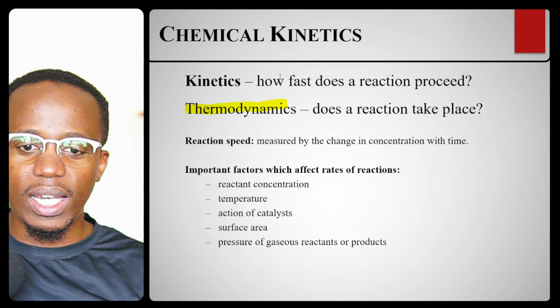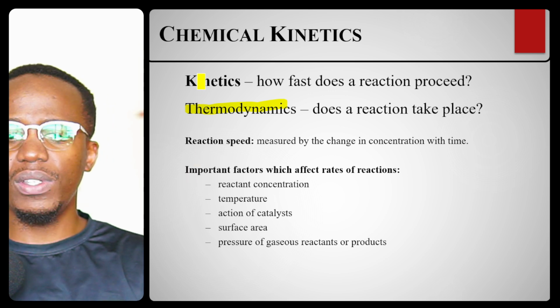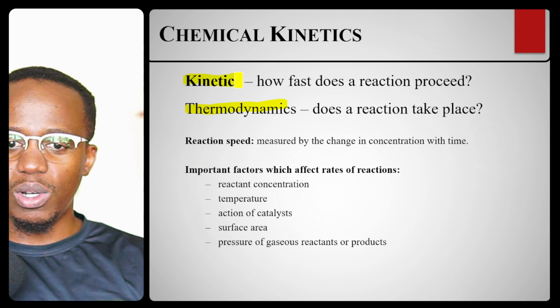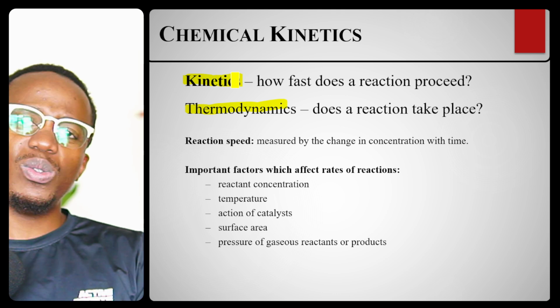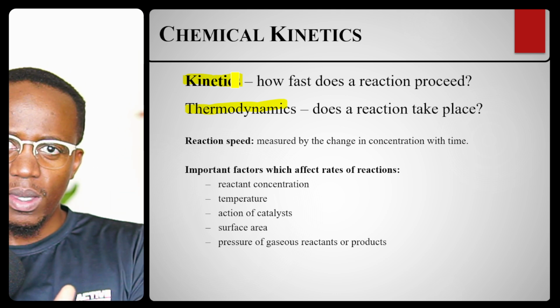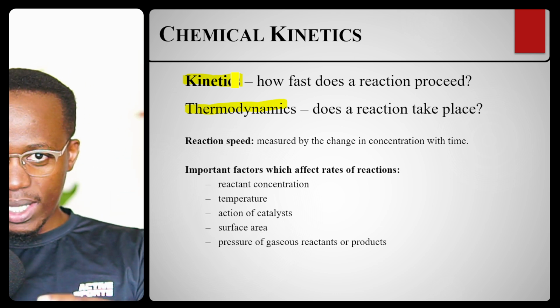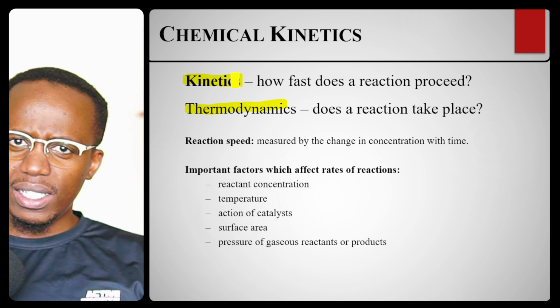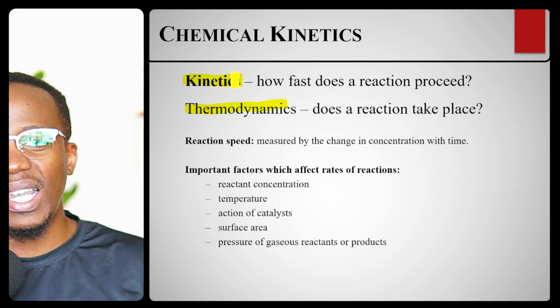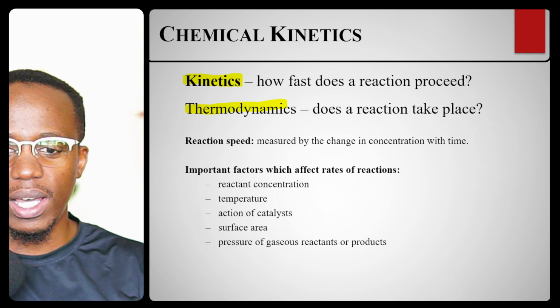So we have kinetics, thermodynamics. I don't know if it's the next chapter, but we will talk about that too. Why? Because chemistry is the study of matter, the changes that the matter goes through, that's the reactions and kinetics, and then the energies that are involved in those changes, that's thermodynamics. But we'll talk about that.